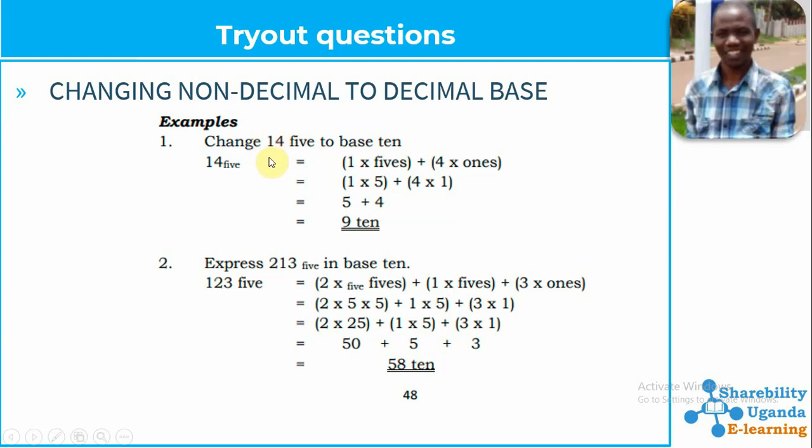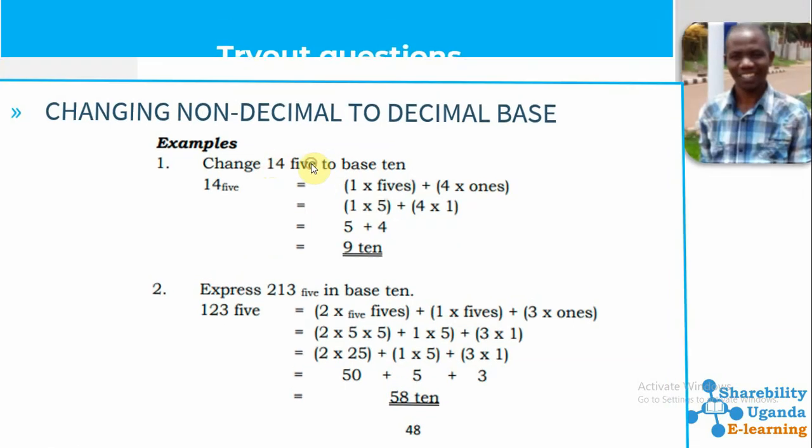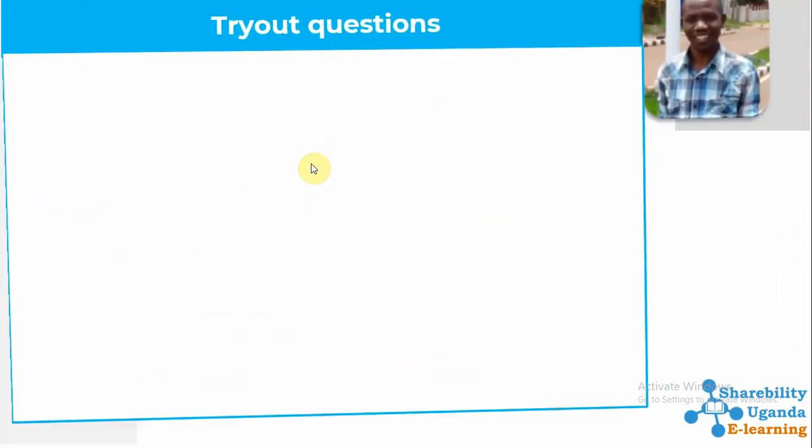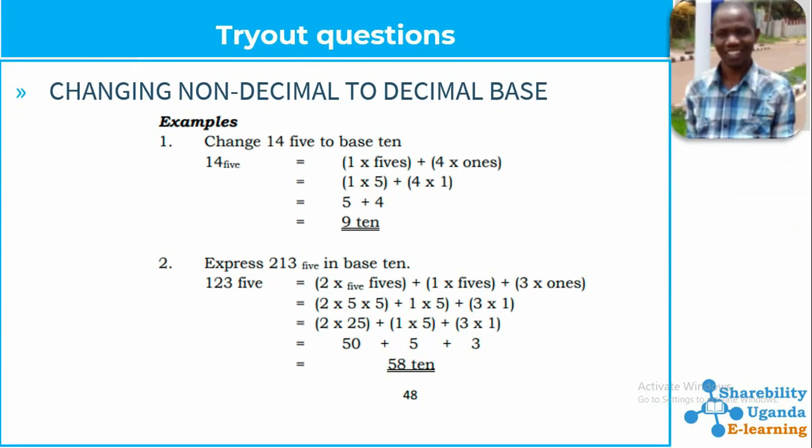So we shall say our 1 times the 5s, then our 4 times the 1s.